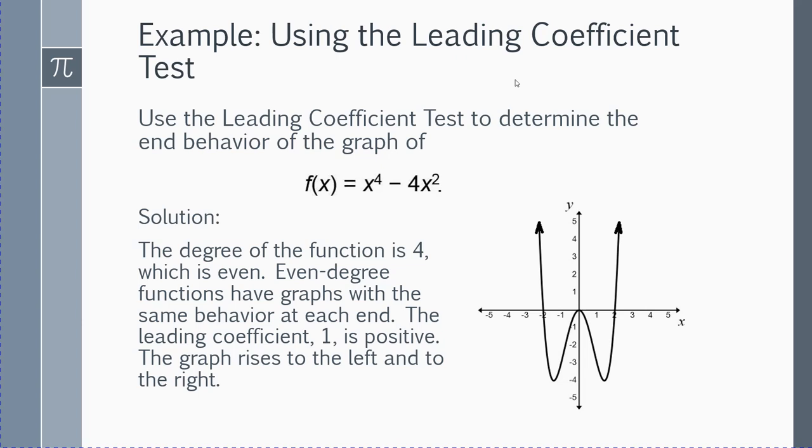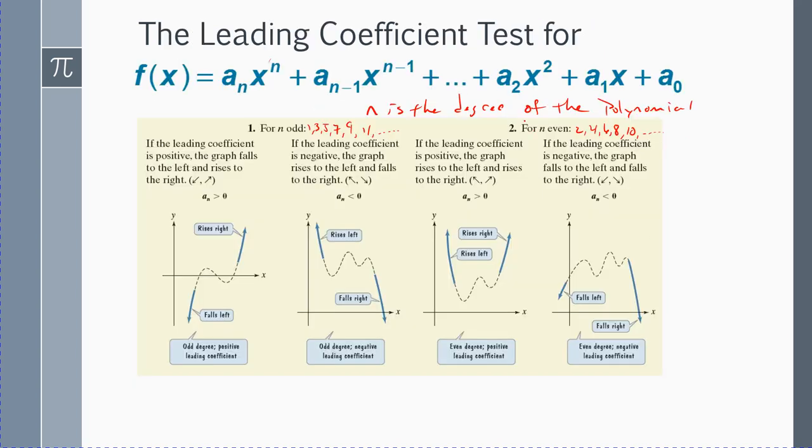The first thing you're going to do is look at the degree. It's an even number. So it's either going to increase without bound as you go to the left and to the right, or it's going to decrease without bound as you go to the left and to the right.